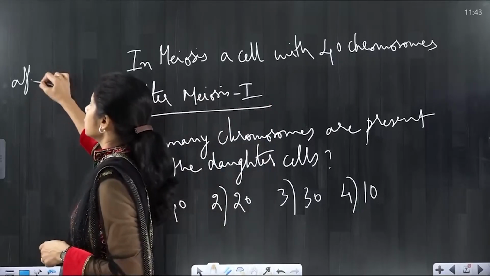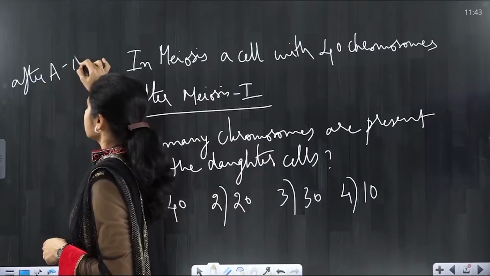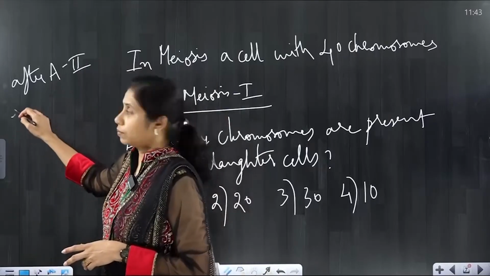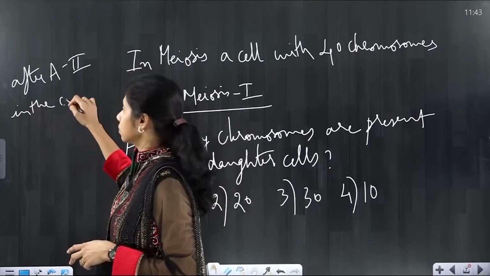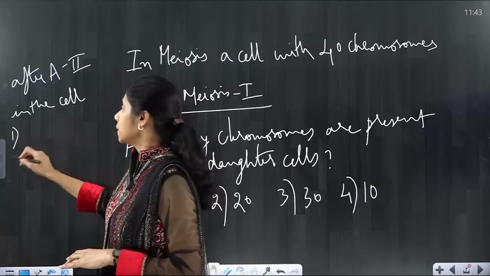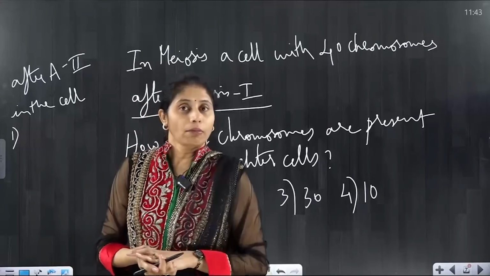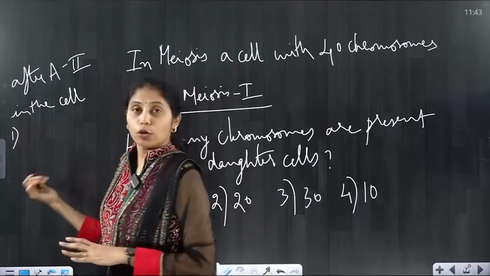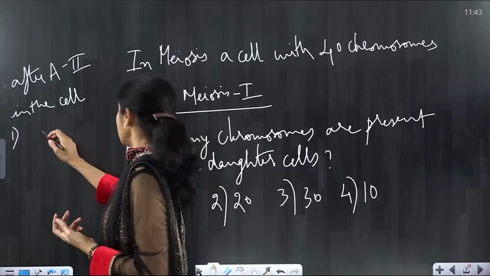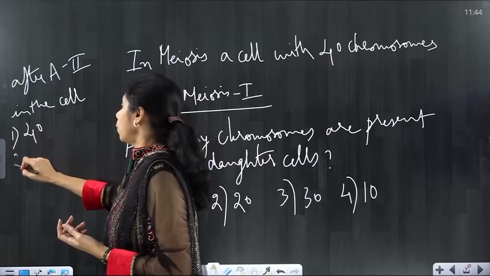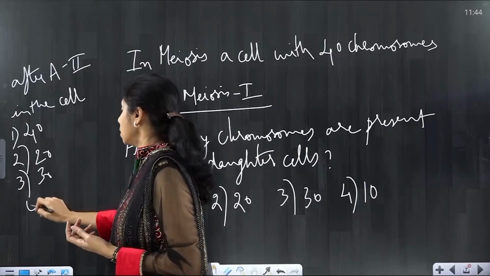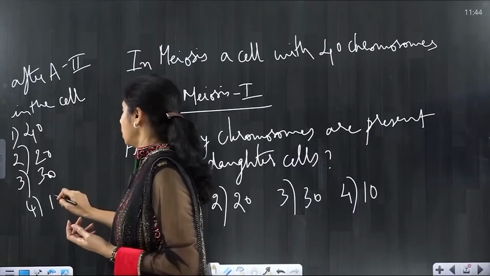After anaphase 2, in the cell, how many chromosomes are present? The options are same options: 40, 20, 30, 10.